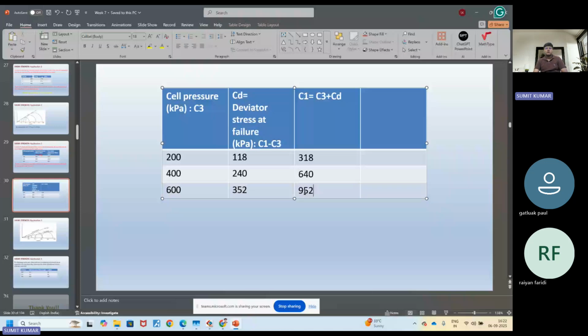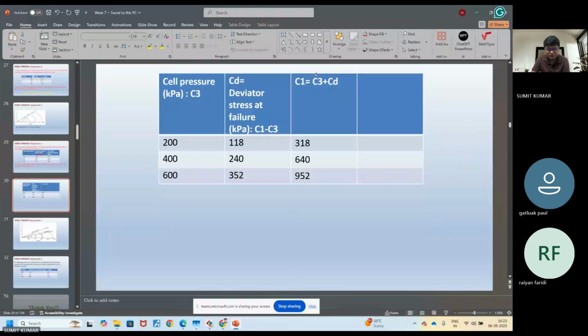Now when we get the values of C1 and C3, it is obvious that we are able to draw the Mohr circle.